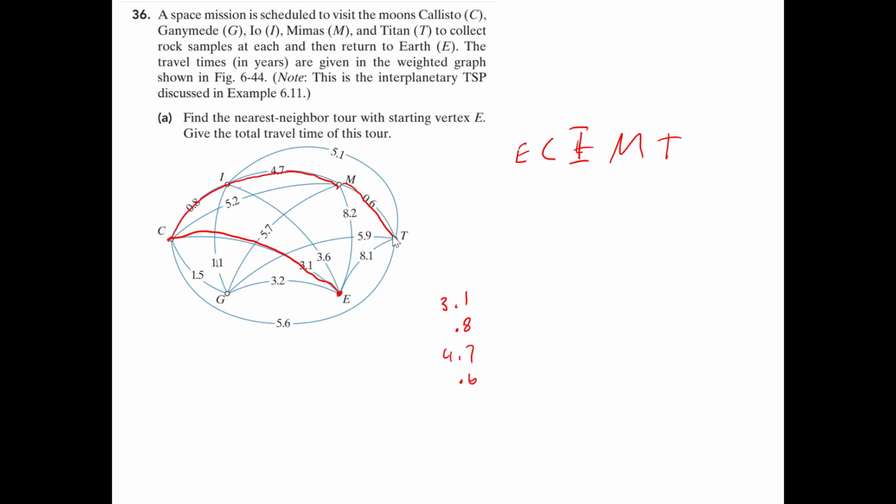And once we go to T, we can't go to I because we've already been there. Can't go to E, right? So we will take the 5.9 and go to G. Okay.